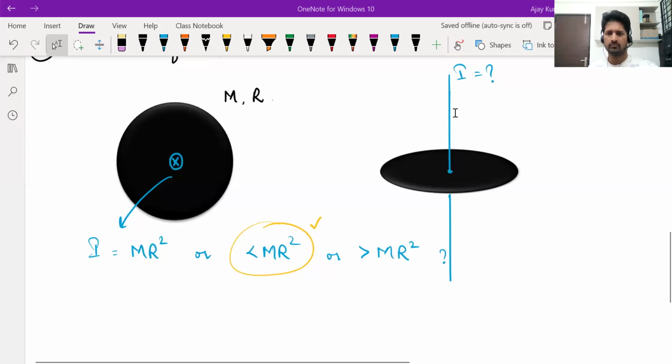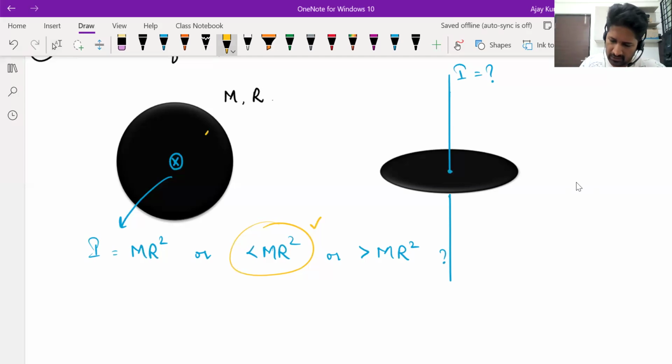So by integrating r square dm. Okay. See, integral r square dm is the basic formula. That's fine. So if you can take an element of this disk, okay, call its mass as dm and the distance from axis as r, then you can do integral r square dm.